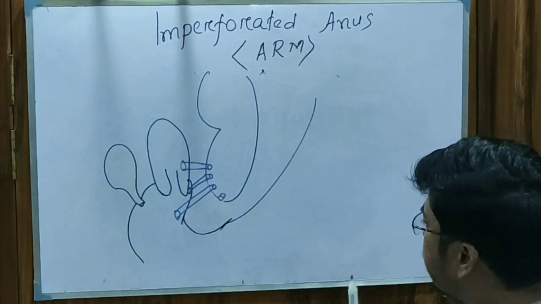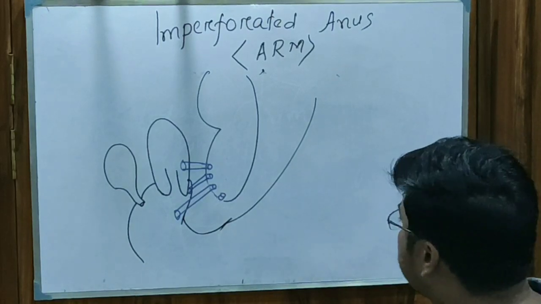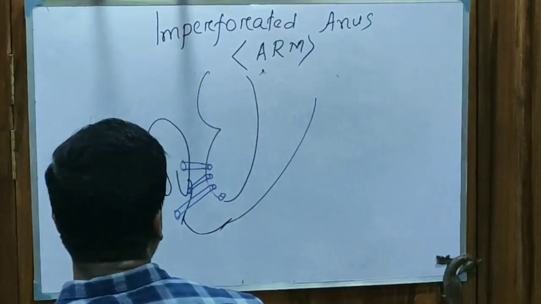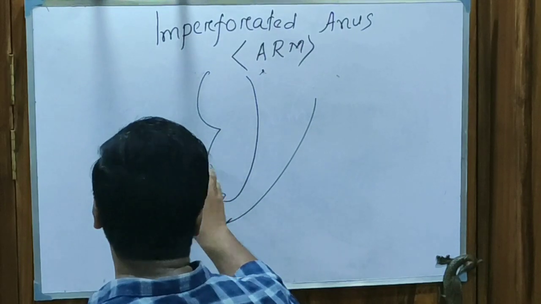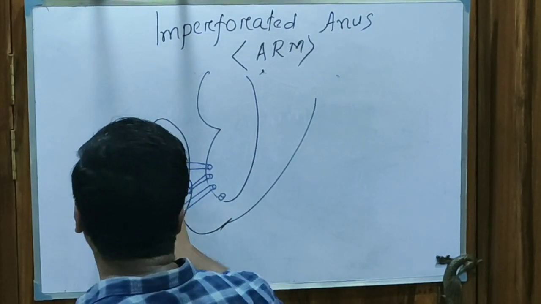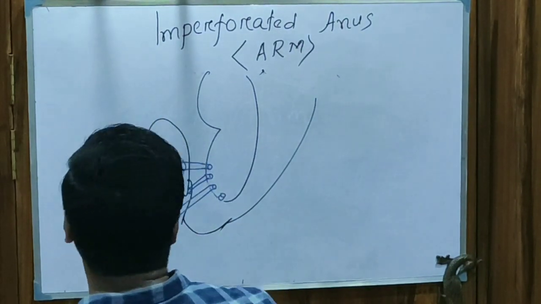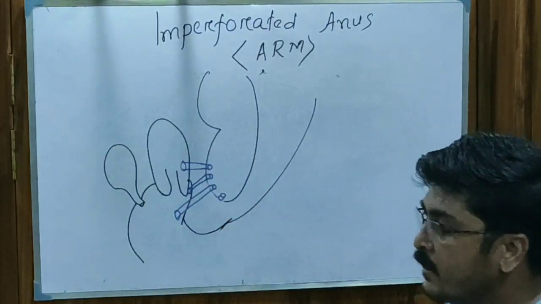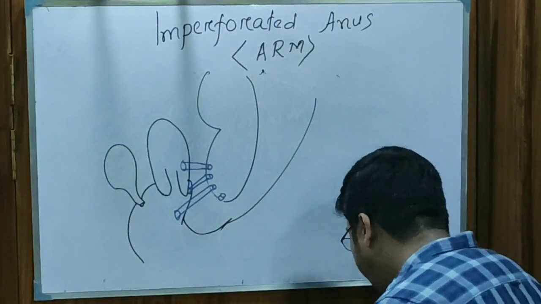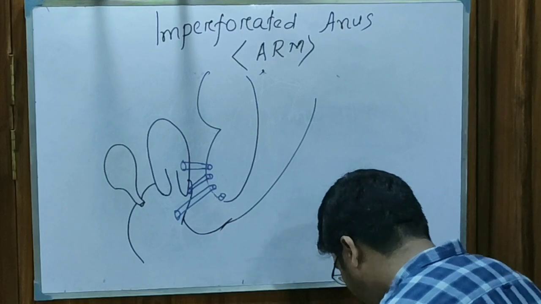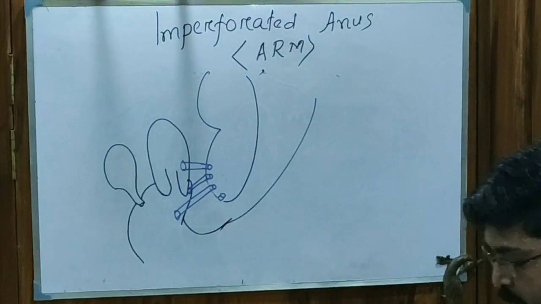These are the presentations in the female, or sometimes the patient may present with a single opening of the rectum, uterus, vagina, and the urinary system, all together in a single channel. So these are the various types of fistula, showing the picture.